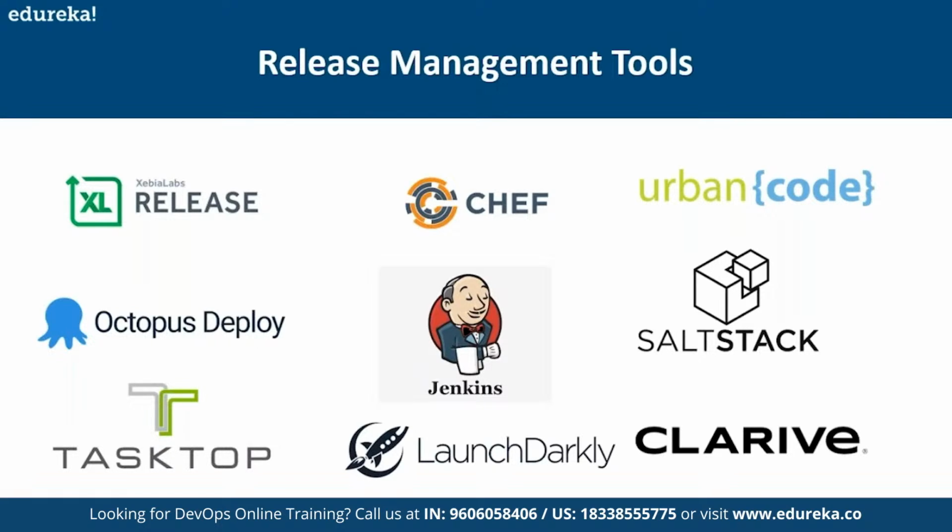These are the nine industry standard tools; some are open source, some are paid software. Jenkins, for example, is widely used in industry for release management. Jenkins is totally open source. It means anyone can download Jenkins and use it for their release management.